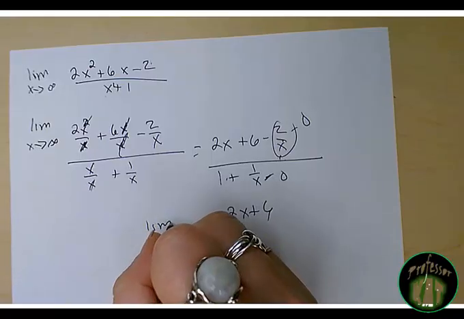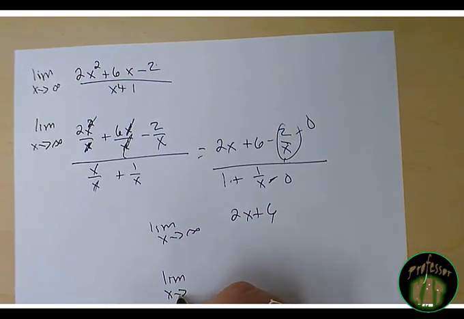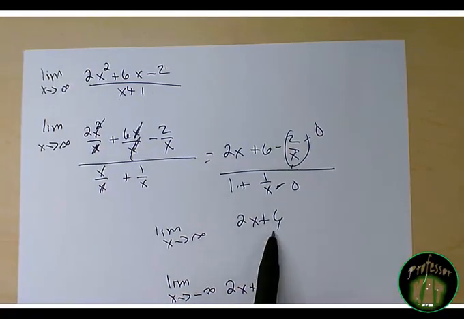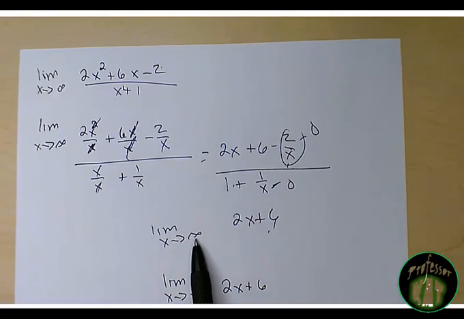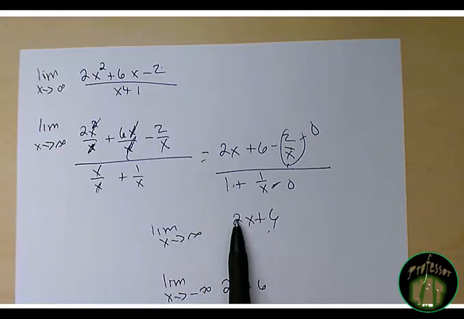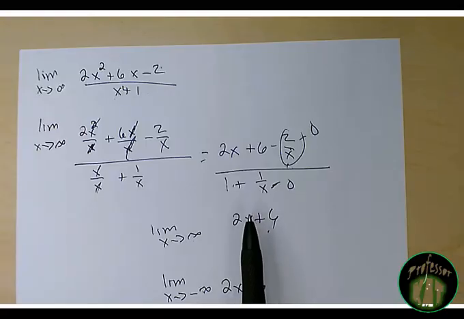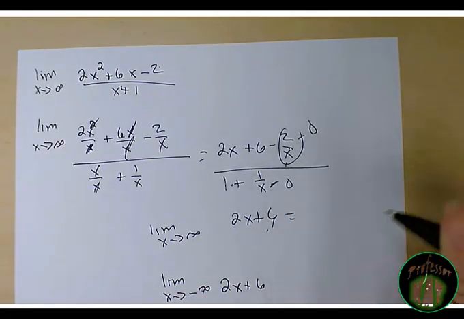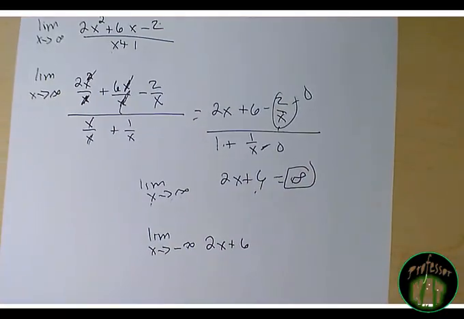We are going to find the limit of that function as it approaches positive infinity, and the limit of that function as it approaches negative infinity. If we plug in a super large number like 100 billion into x, multiply it times 2 and add 6, it's just going to be even larger. The larger a number we plug in here, the bigger and bigger this gets, which means the limit as x approaches positive infinity is positive infinity.